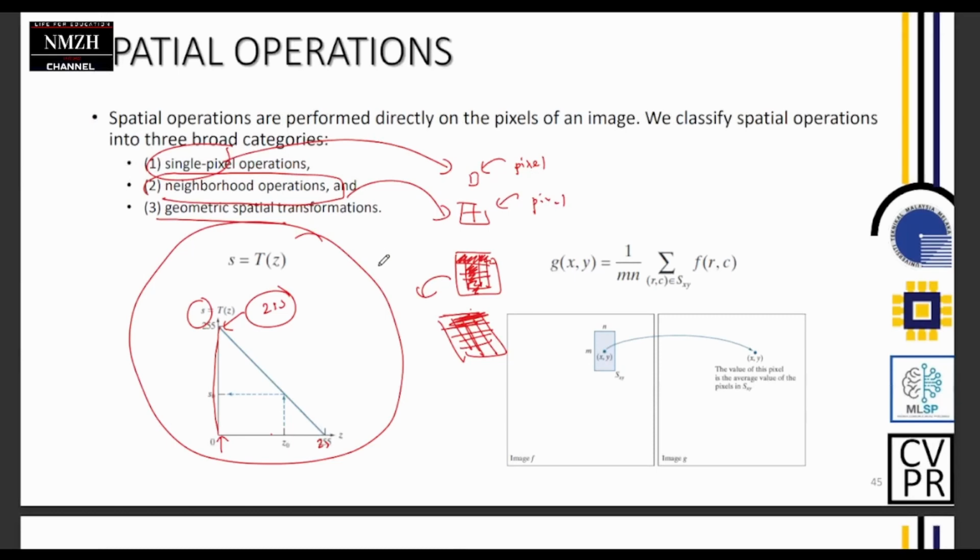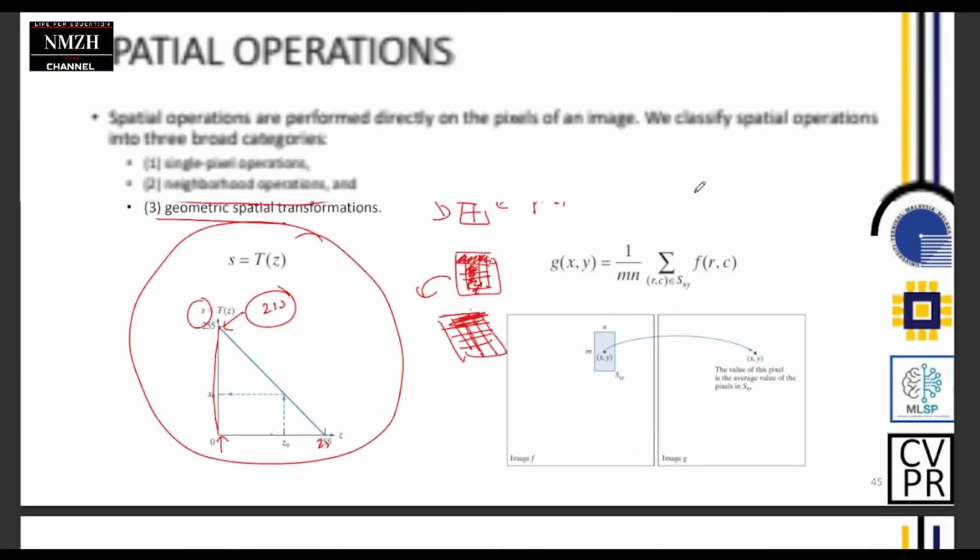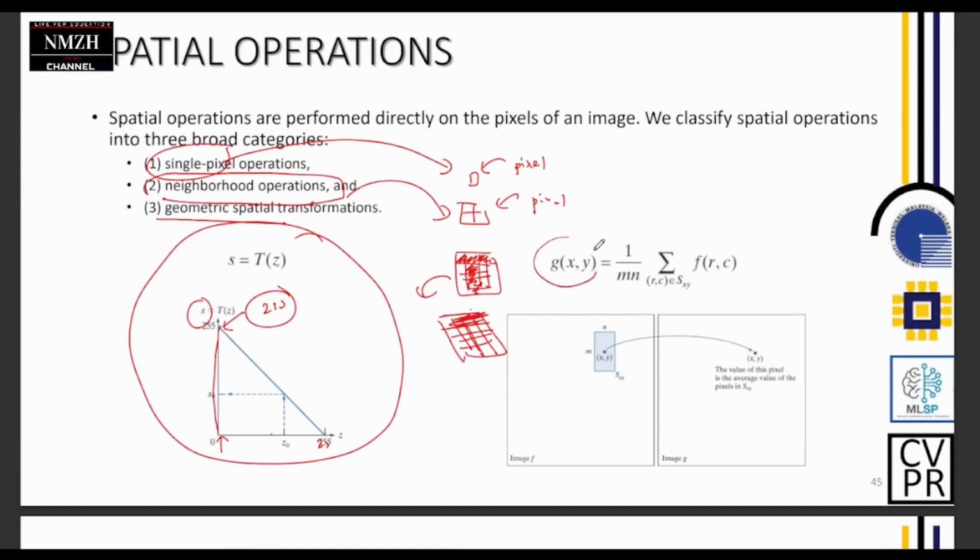For the neighborhood operation, we have the idea of averaging every single thing. I think G(x) is the new output pixel, whereby this is f(r,c), reflecting this, while M and N is a group surrounding the original pixel. So for example, this is 50, this is 50, this is 25, 25.